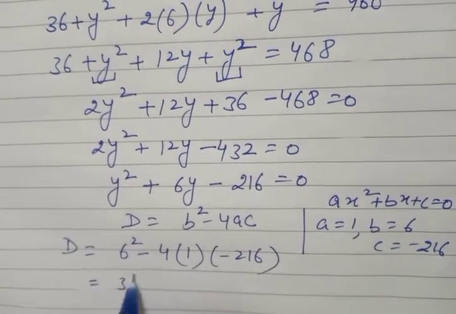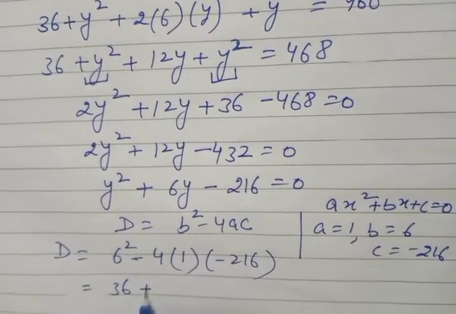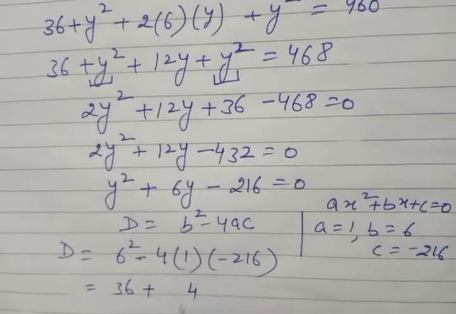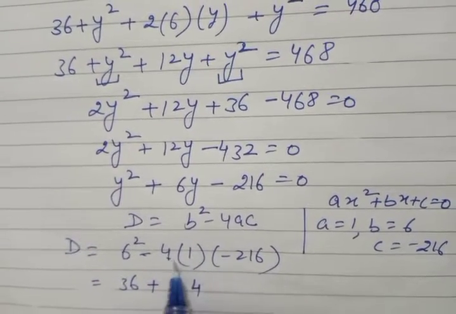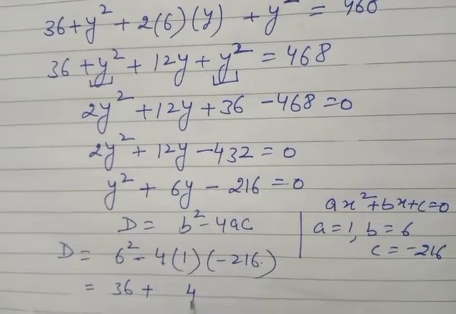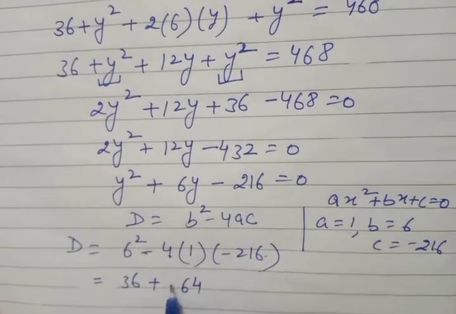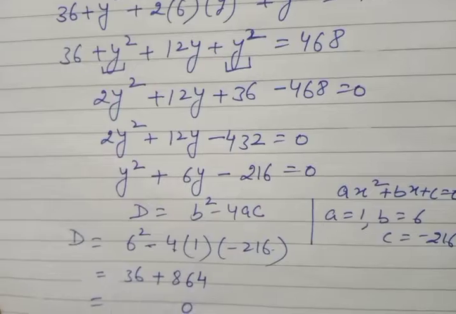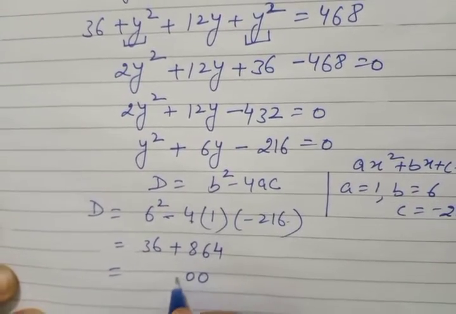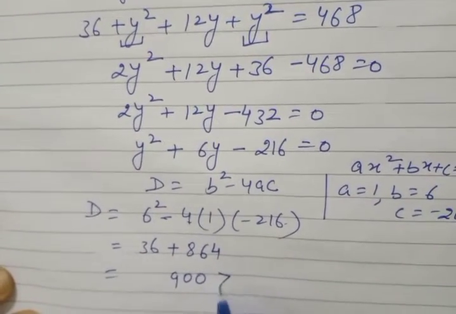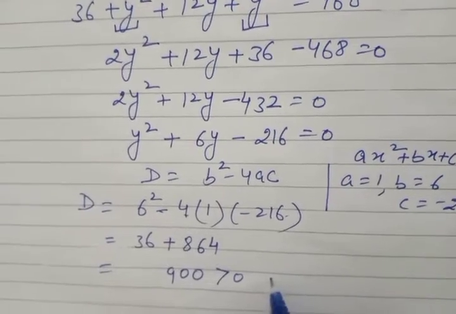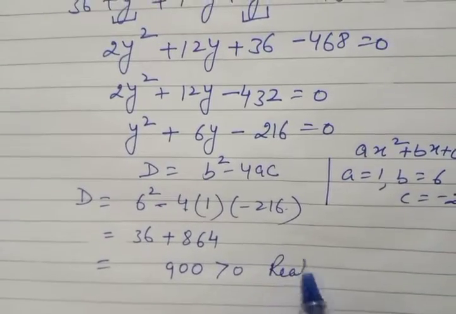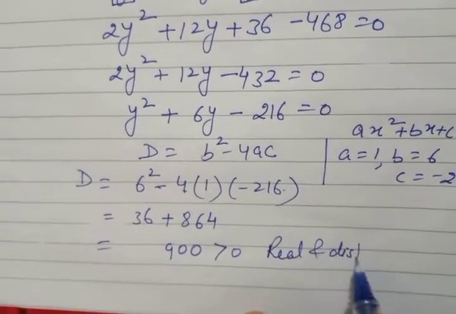What do we get? 36. This minus is plus. 864 it is. It is 900, which is greater than 0, and you know if the discriminant is greater than 0, then we get real and distinct roots.